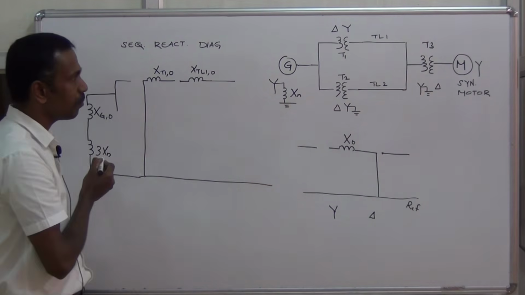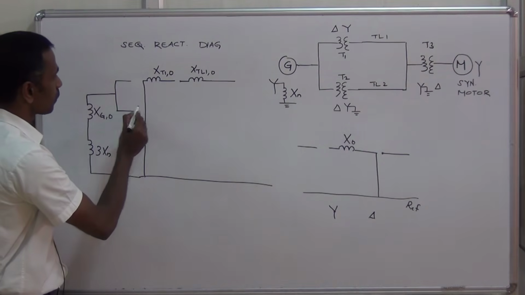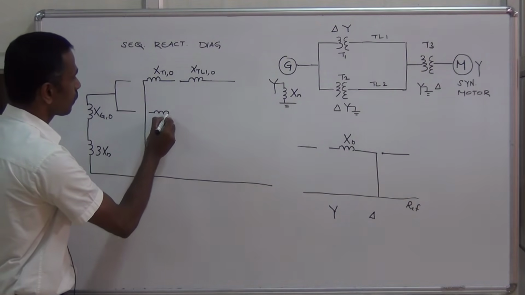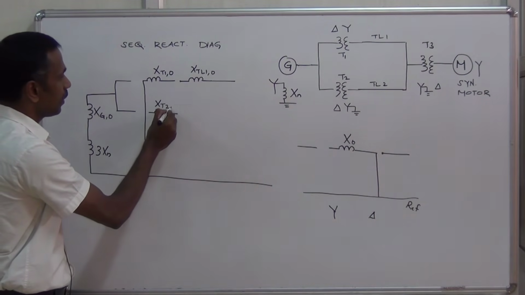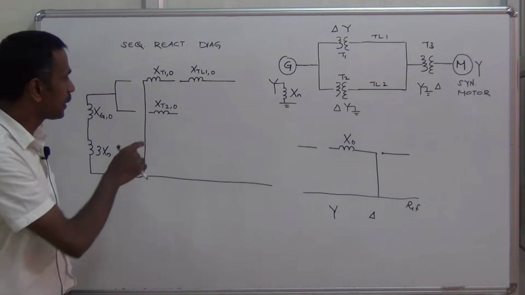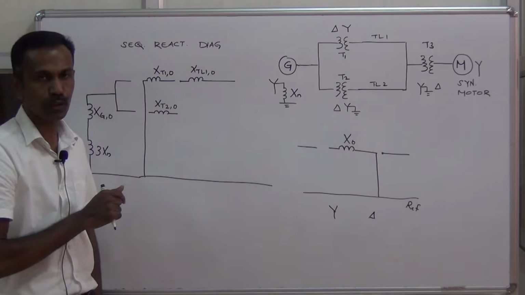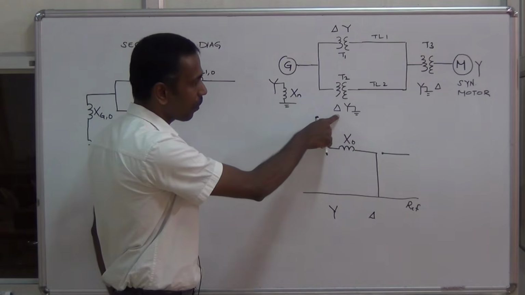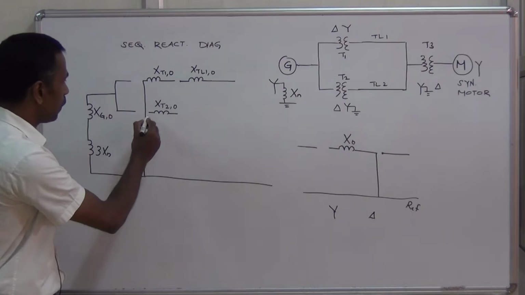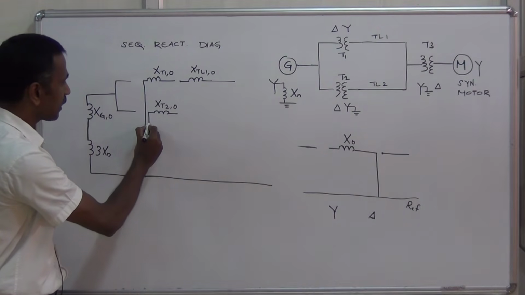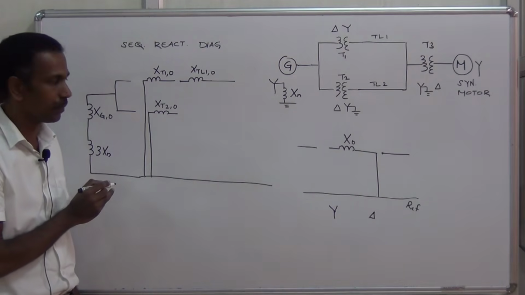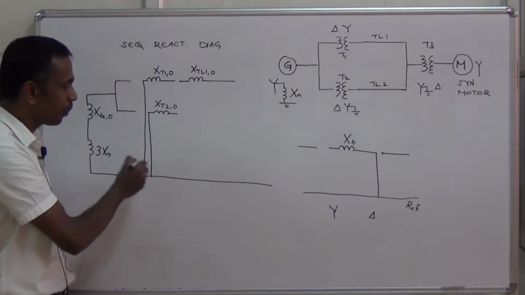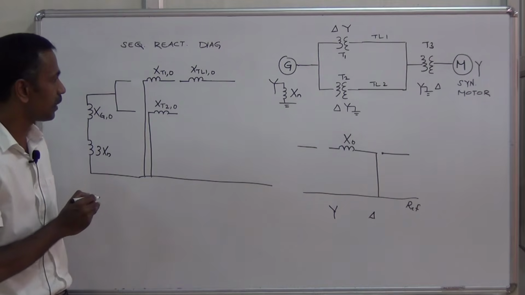Then you consider the second branch. This is XT20, the zero sequence reactance of the second transformer. You look at the connection. Primary is delta. If it is delta, that side should be shorted to the reference bus.